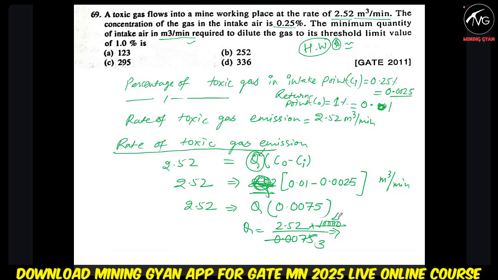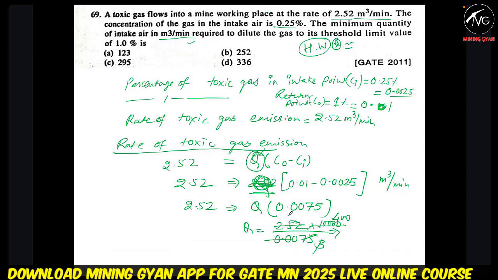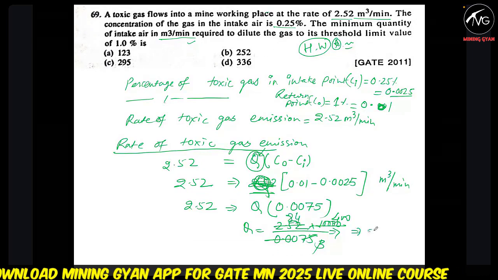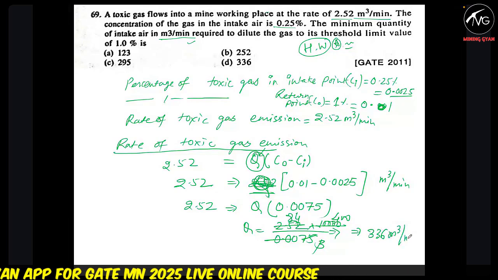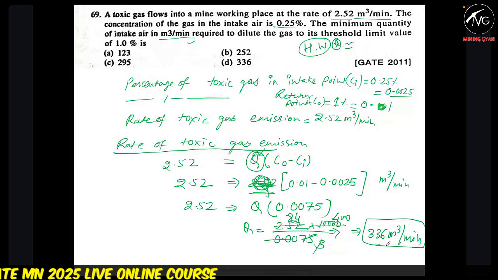When you calculate, you will get 336 meter cube per minute. Okay, so this was your question number 69. I think all of you have tried it and got your answer.